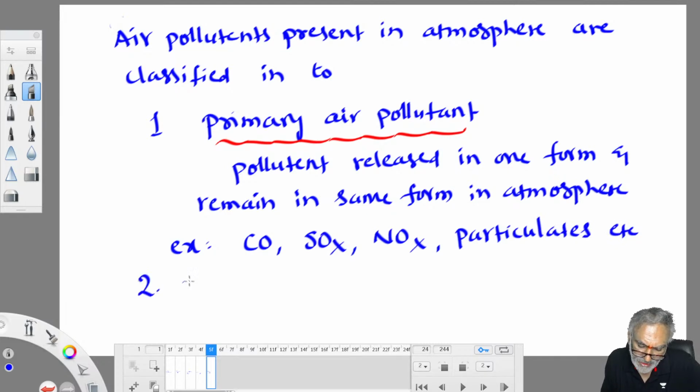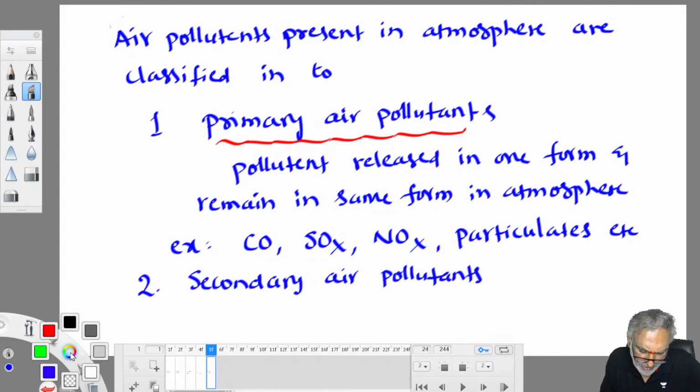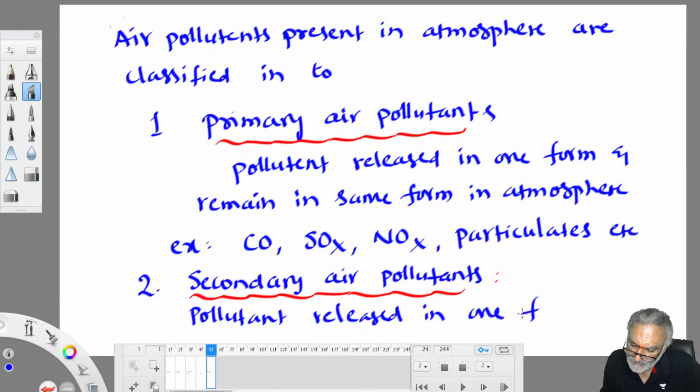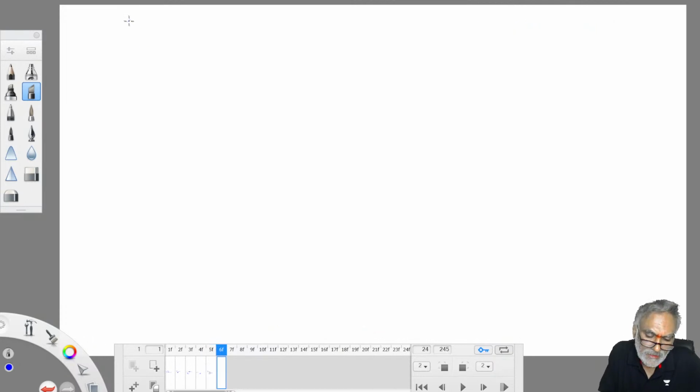Then similarly, secondary air pollutants. Pollutant released in one form and remaining in a different form in the atmosphere is known as a secondary air pollutant.